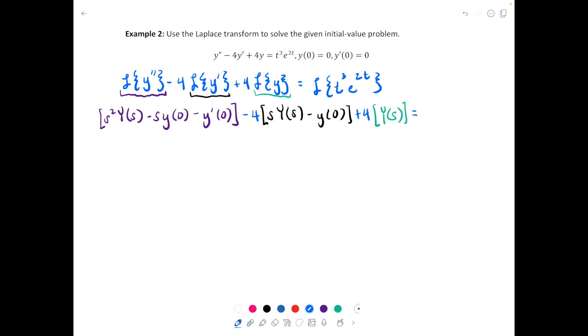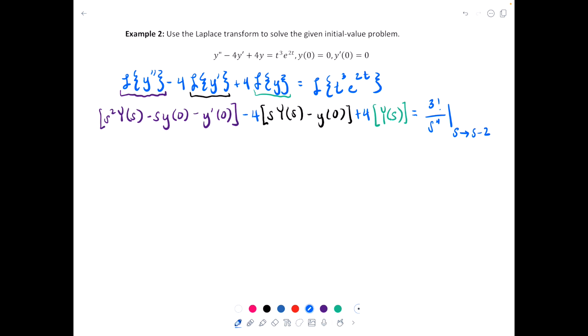from that t cubed, we're going to get 3 factorial over s to the 4th, and then that s is going to become s minus 2 because our a is 2.